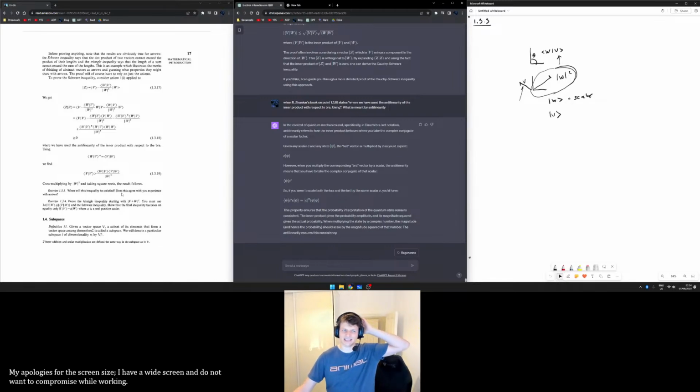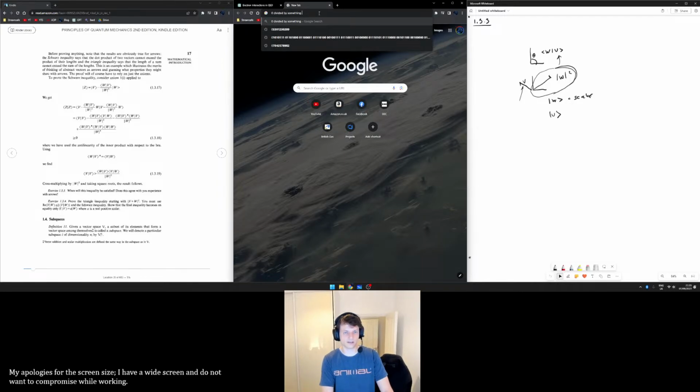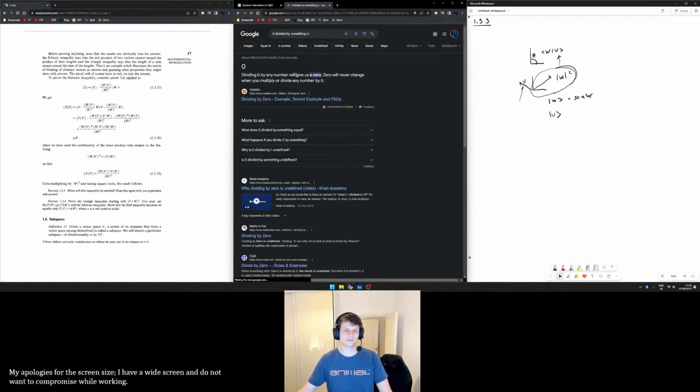So when will this inequality be satisfied? Well, if we were to set the output of these two null vectors, so 0, and then you divide 0 by something, you get, I guess it's undefined, right? 0 divided by something is 0, okay, cool.